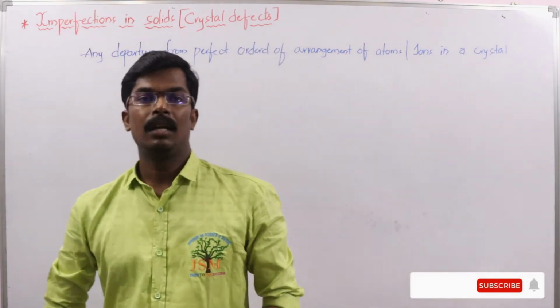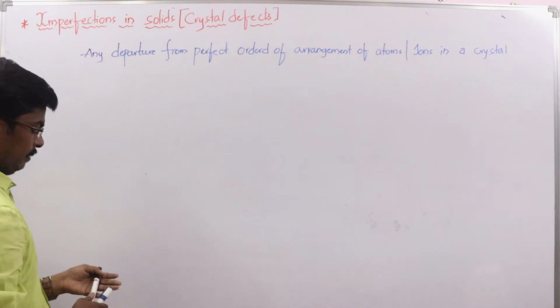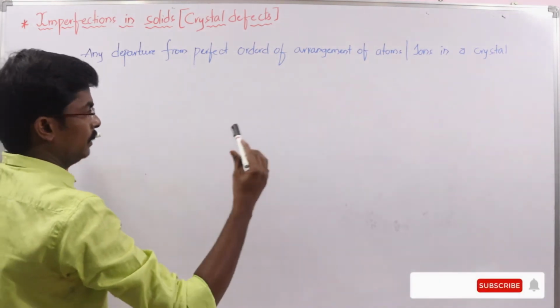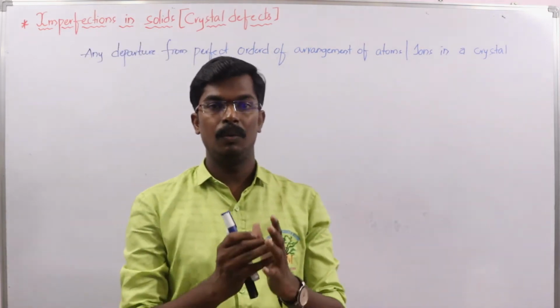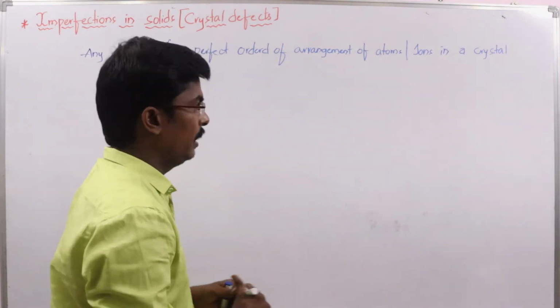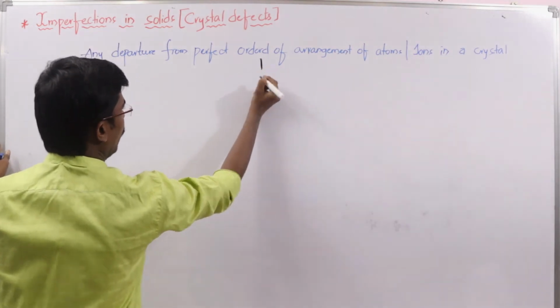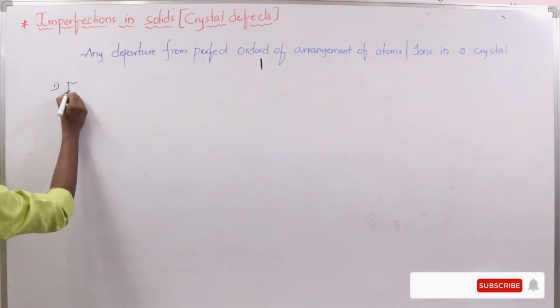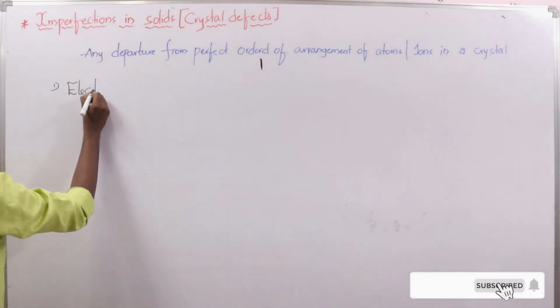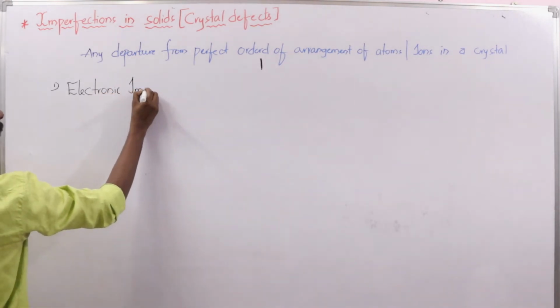Basically, there are three different types of crystal defects. Here I would like to give a classification: all the crystal defects I am going to classify majorly into three. One is electronic imperfections.